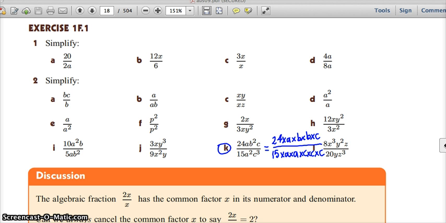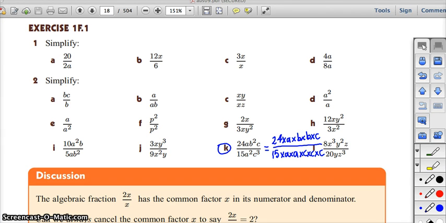Okay, so that's what we've got. The first thing we should look at, Garrett, is the numbers. Could we simplify those numbers? No. You don't think so? Who disagrees with that? You could break it down, I reckon. You could. How could we break it down? Find the lowest common factor. So the lowest common factor that could go into 24 and 15, our 3 times tables could go into 24 and 15, couldn't it?